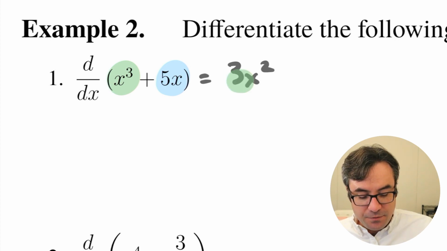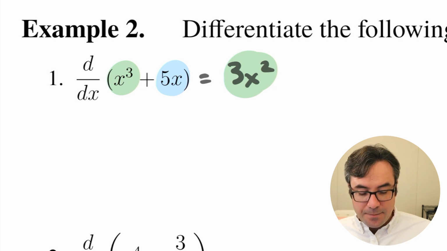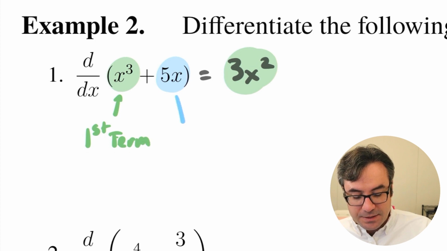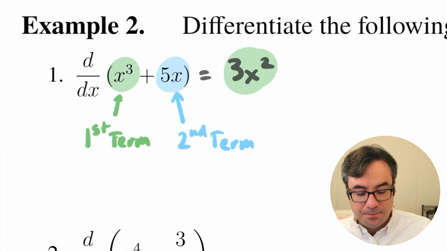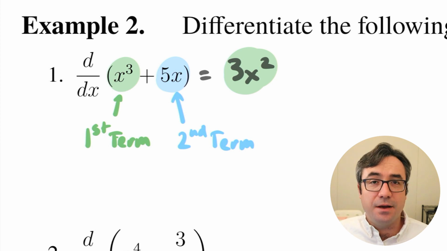So that's the derivative of my first piece there, my first term. So I have two terms here: my first term, and then here's my second term. And now we want to differentiate the second term, which is 5x. Well, the derivative of that is just 5.